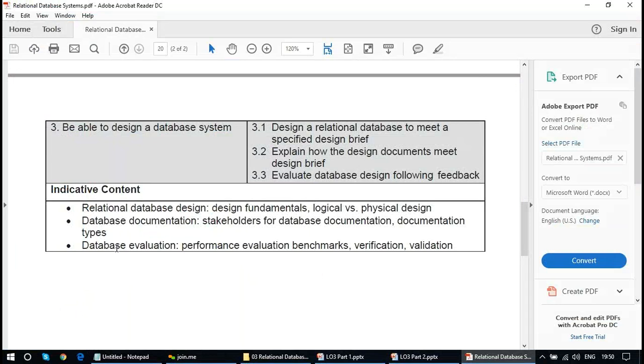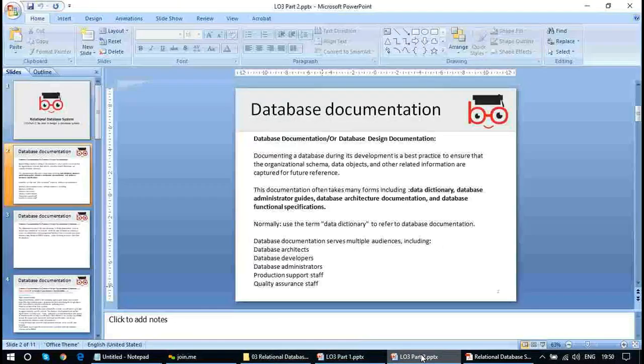So basically we are here: database documentation, stakeholders for database documentation, documentation types, and we'll discuss the evaluation, performance evaluation benchmarks, verification, and validation. So in part 2, the documentation is being done.